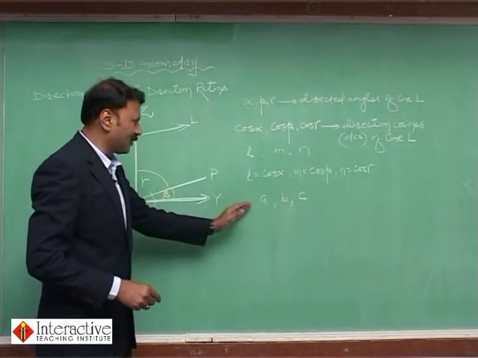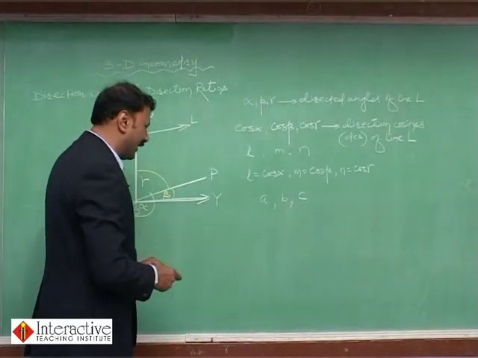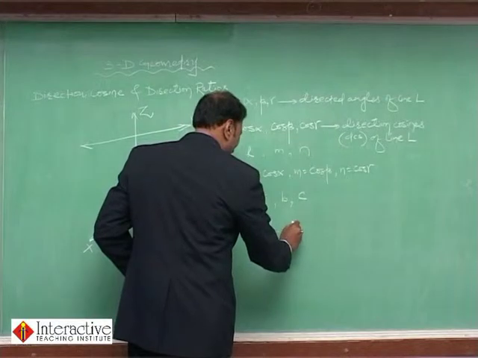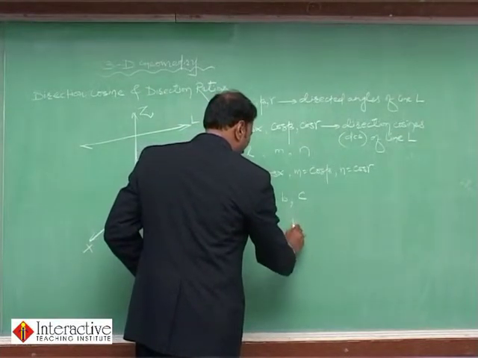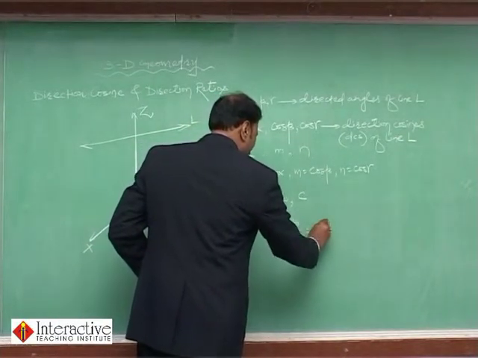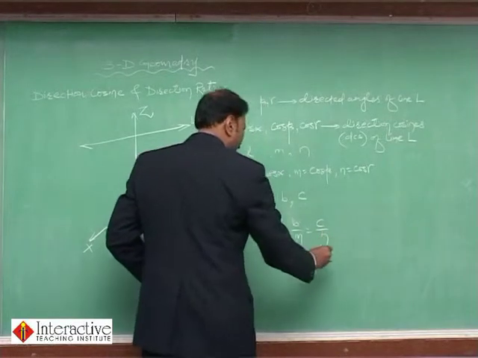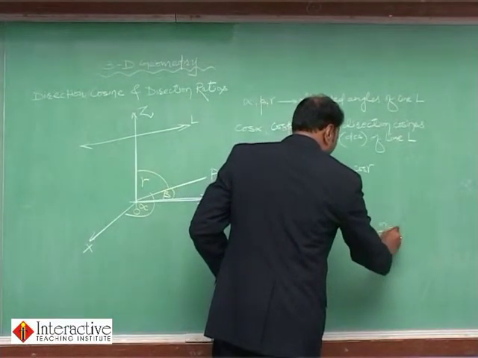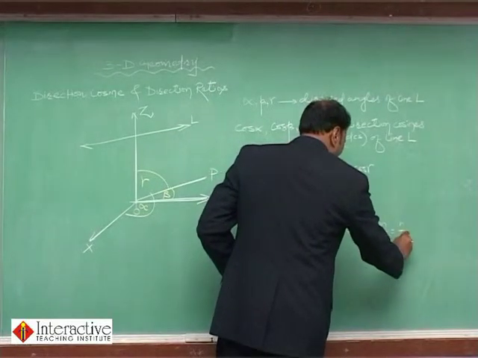Now, a, b, c are proportional to l, m, n means a upon l is equal to b upon m is equal to c upon n, or I may write l upon a is equal to m upon b is equal to n upon c.